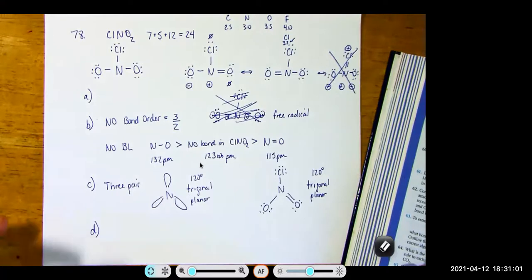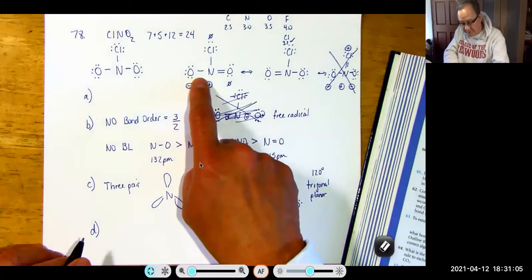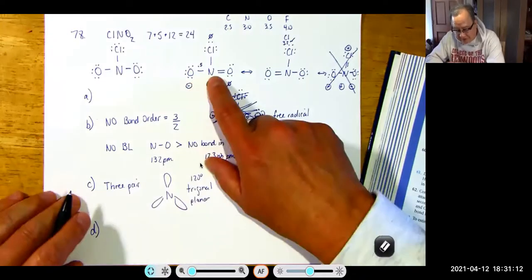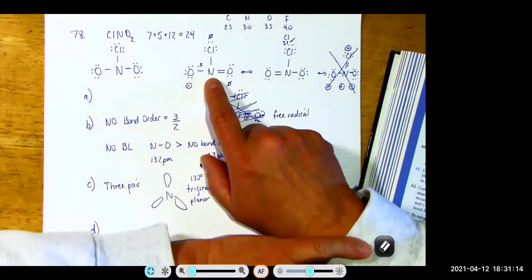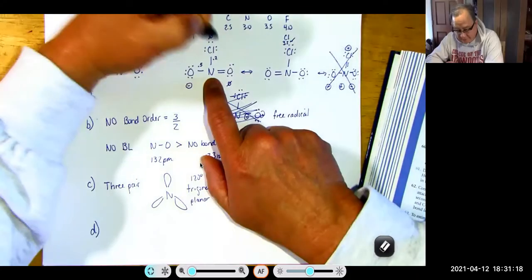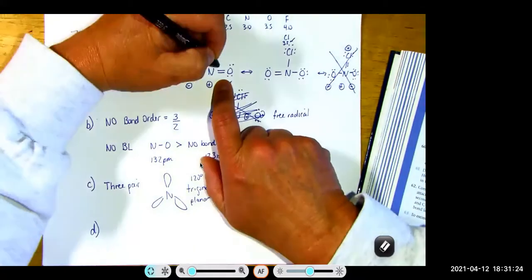So nitrogen, oxygen, what's the difference? 0.5. Okay, nitrogen, chlorine, what's the difference? 0.2. Yeah. And this nitrogen, oxygen, what's the difference? 0.5.